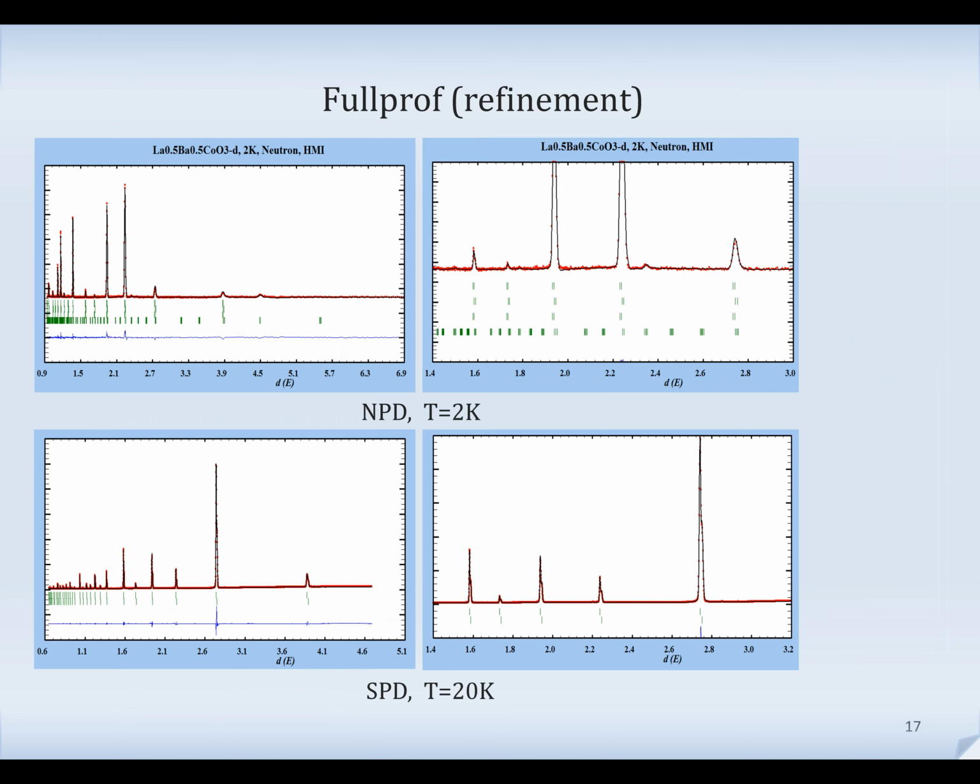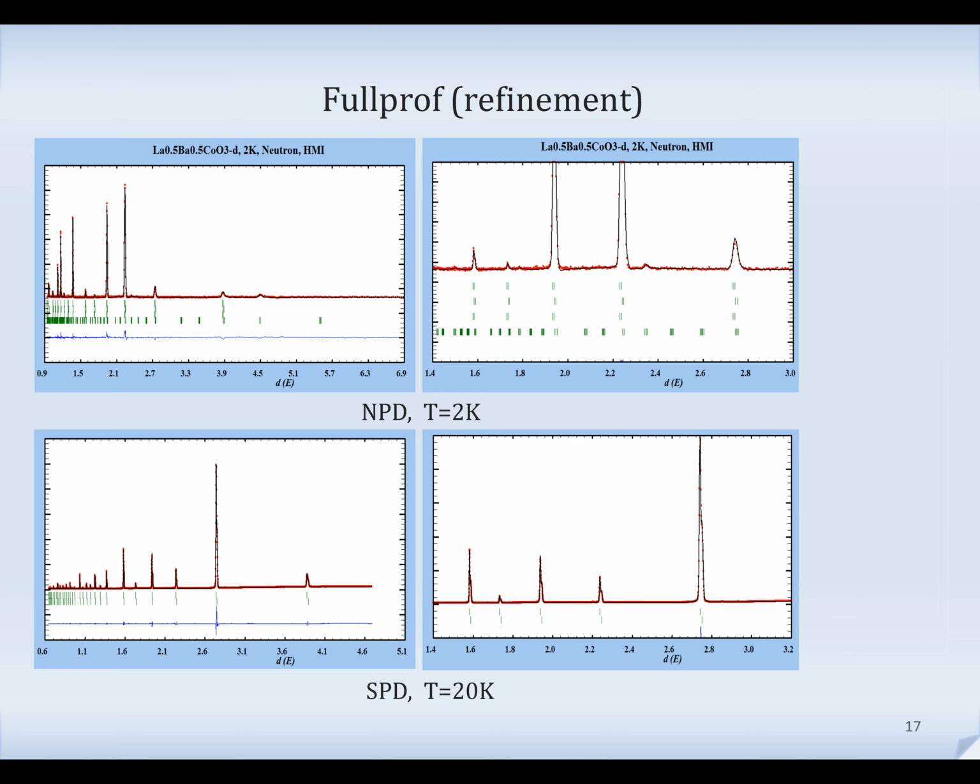Okay, what else would I like to show you? What is the difference in a real situation? This is neutron diffraction, and I've put it in d-space, the so-called distance, not in theta but in d, just to compare, because we use different wavelengths for neutrons and for synchrotron, and it's not easy to compare if you look at the spectrum using 2 theta geometry.